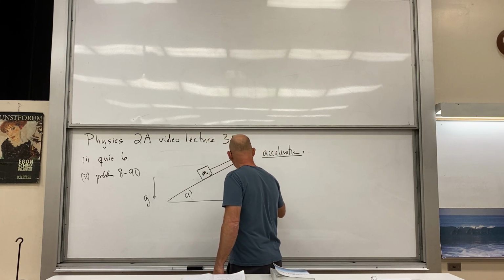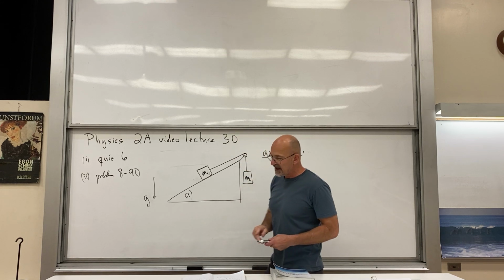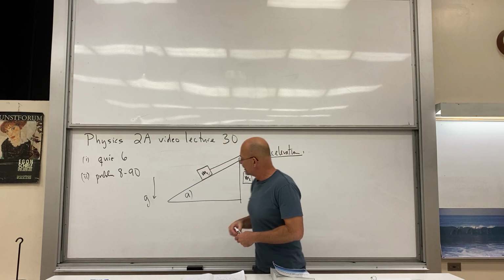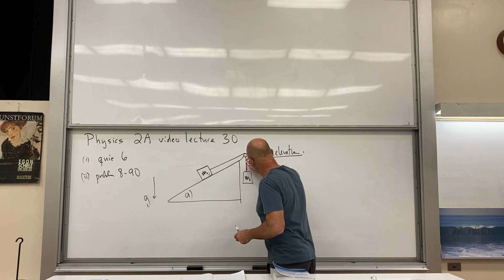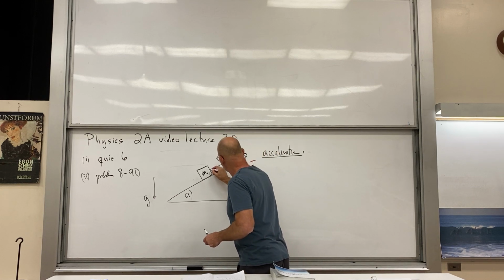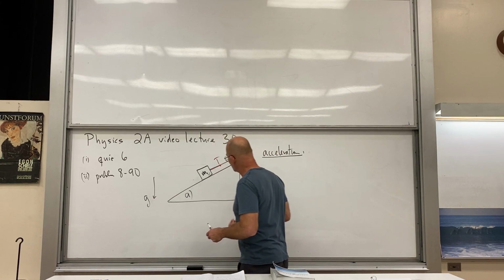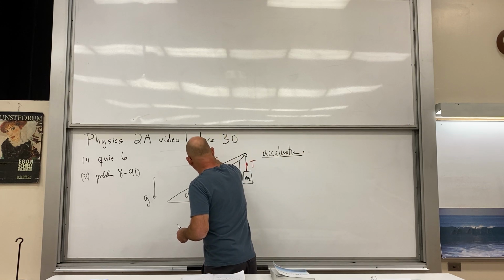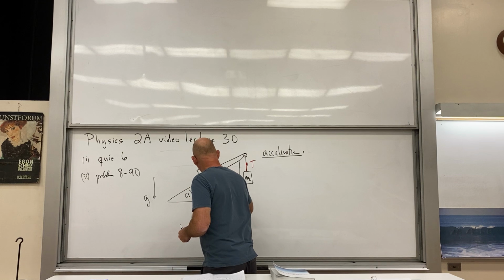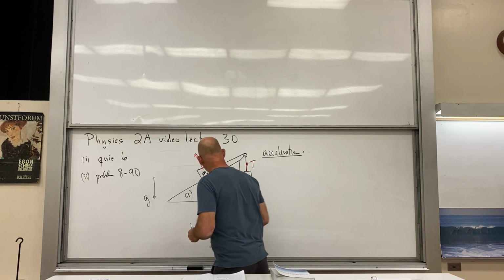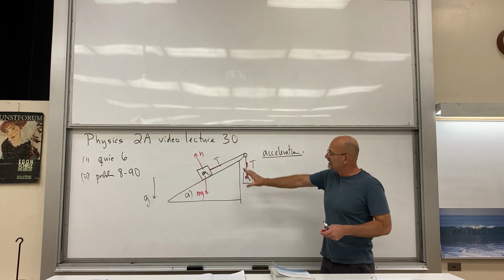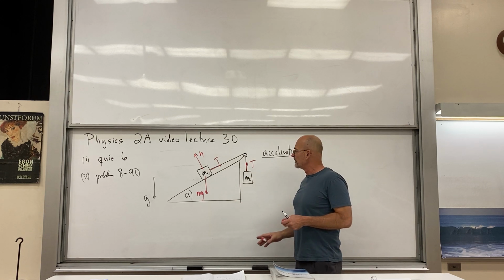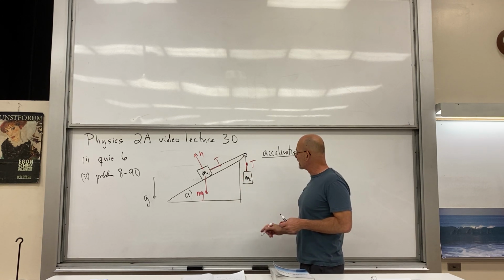M1 and M2. Because what we're looking at is Newton's law for each one. We've got tension and tension. We have a normal force and a weight, but we're not going to need to use the normal force because there's no friction.